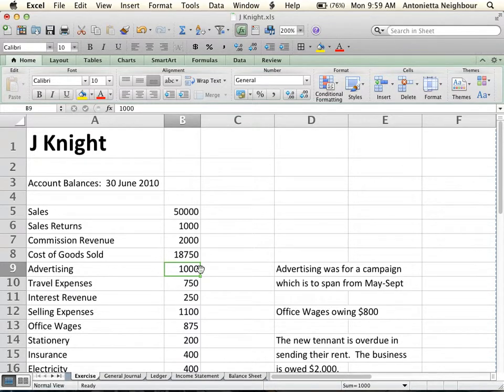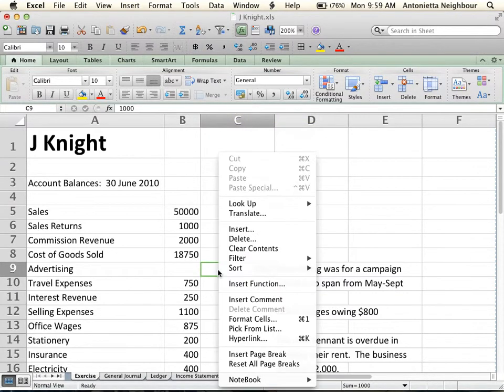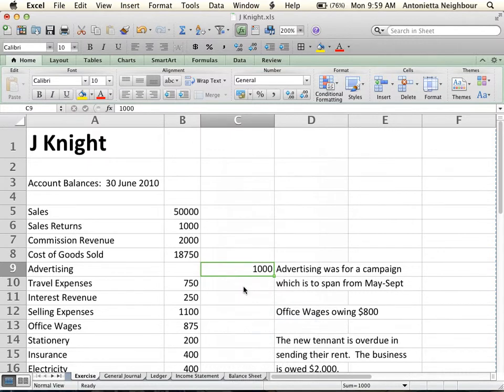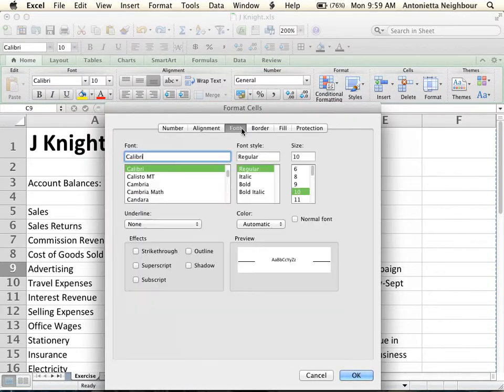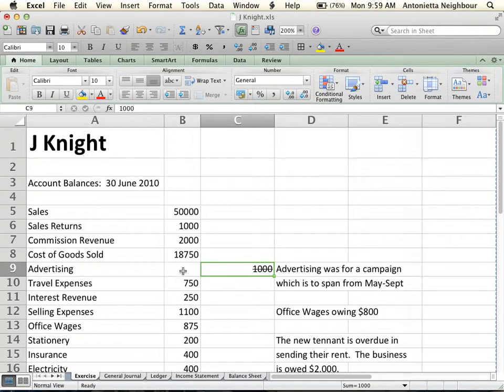So what I'm going to do first of all is slide the 1,000 out of the main list, move it over to the side. I'm going to strike through that, cross that out, so it's a physical reminder that that's not the figure I'm going to use. And I'm going to calculate over here 2 months worth of advertising.